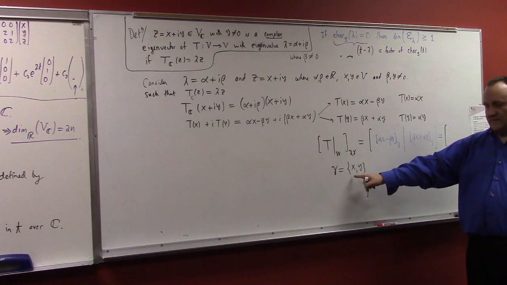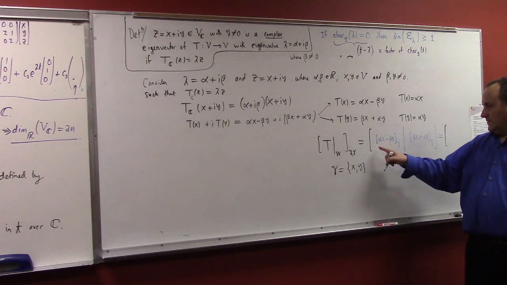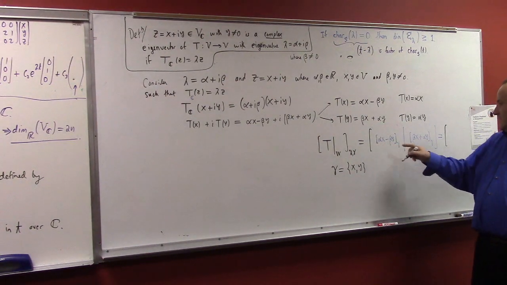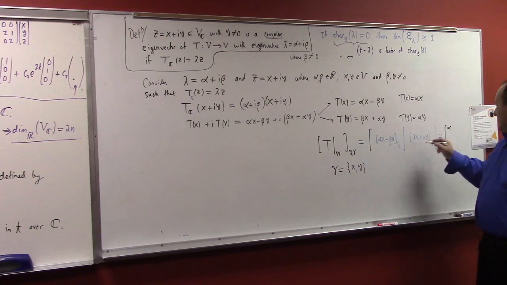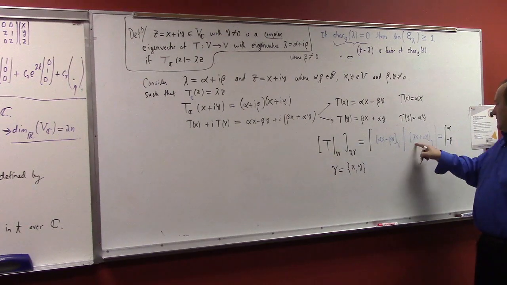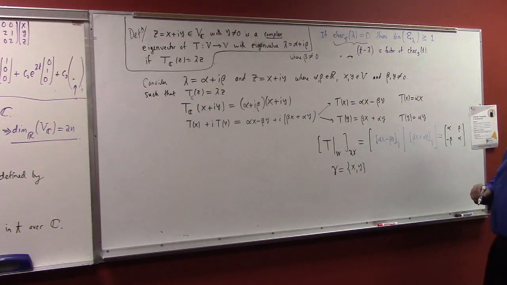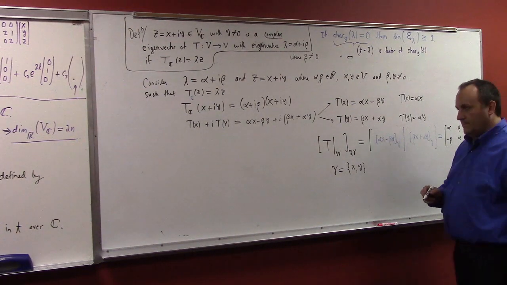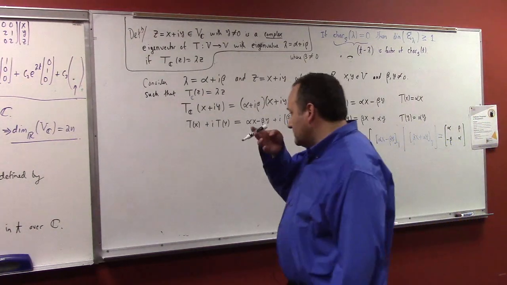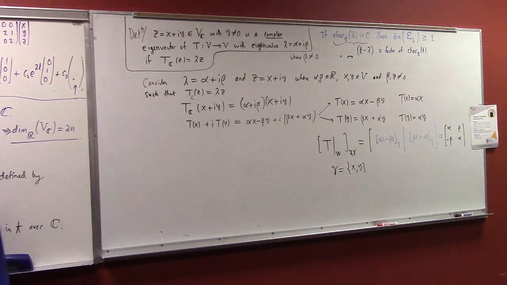So x is the first thing in the basis, so I have alpha, minus beta, beta, alpha. Which is almost our usual matrix representation of a complex number, you know?